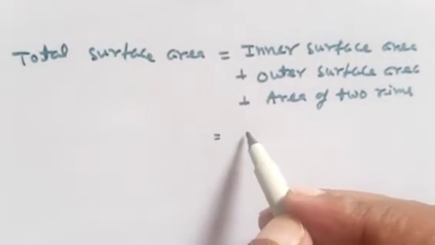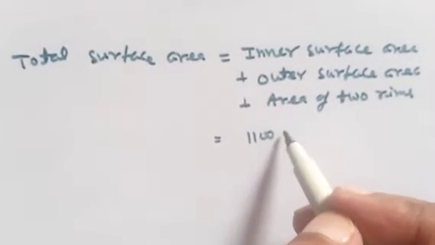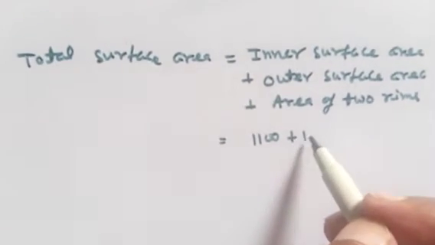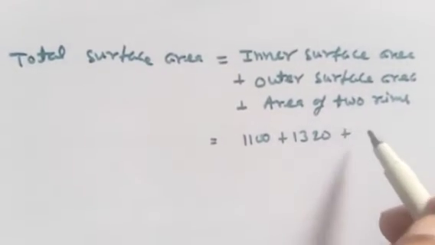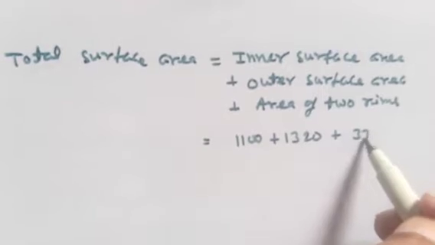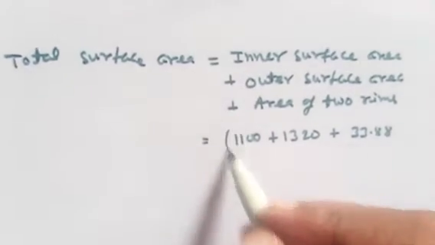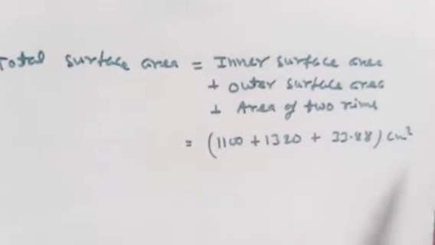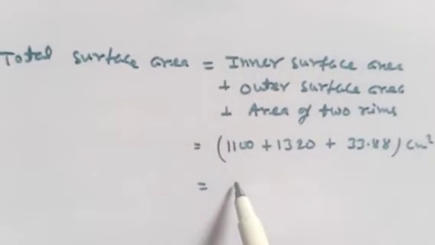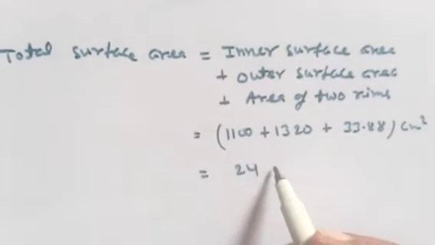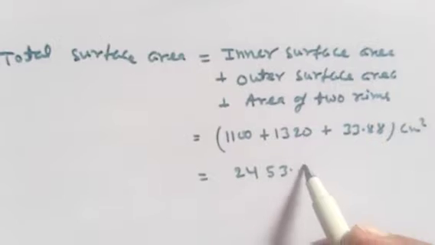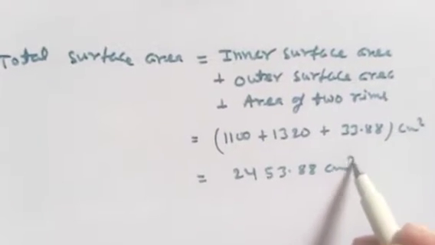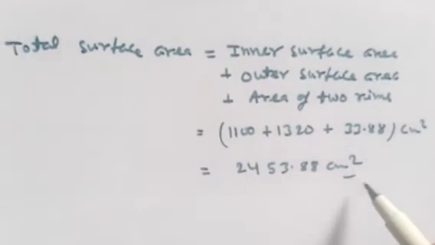So 1100 plus 1320 plus 33.88 centimeter square equal to 2453.88 centimeter square. This is our answer.